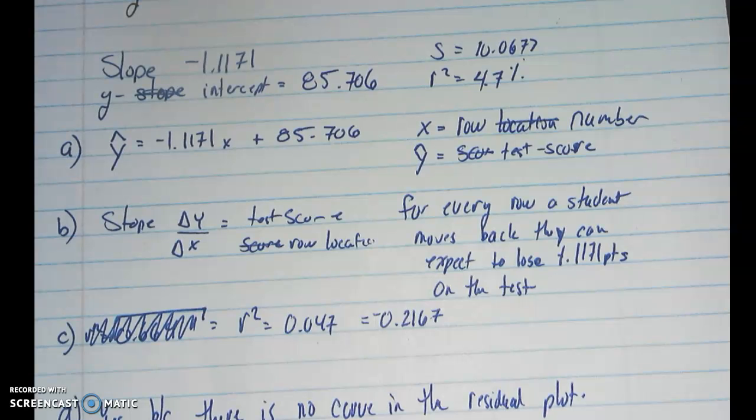Correct, it shows us that it's a negative association. Now, with a negative 0.2167, instead of a slight negative, I'd almost say that is a weak negative association. So there is some type of association, but it's pretty weak.